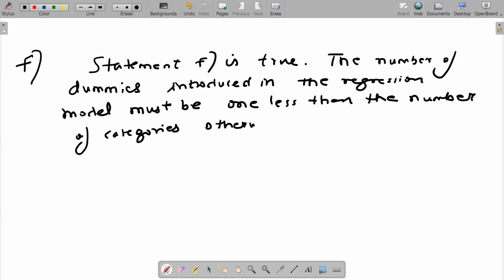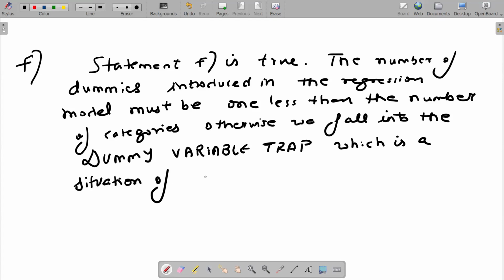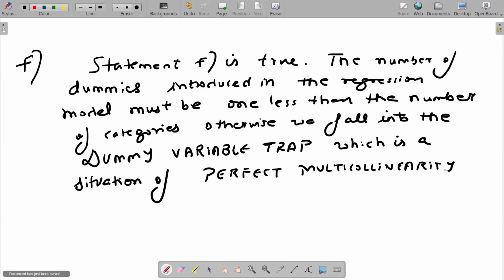Otherwise, we fall into the dummy variable trap, which is a situation of perfect multicollinearity.